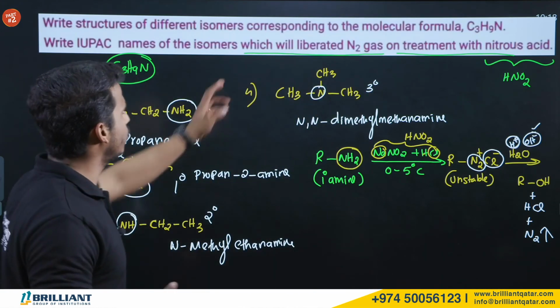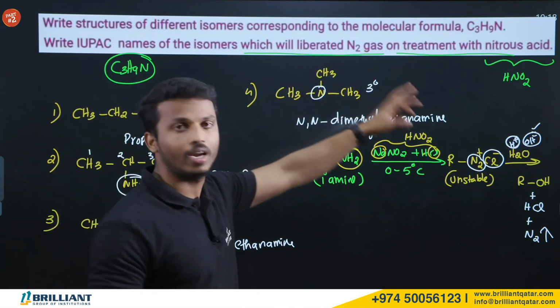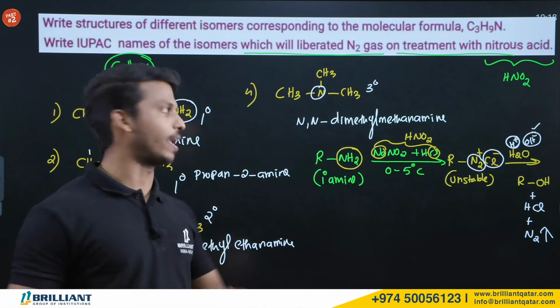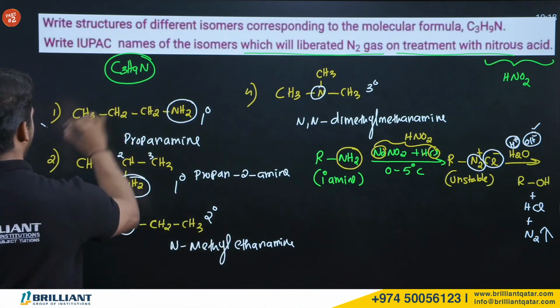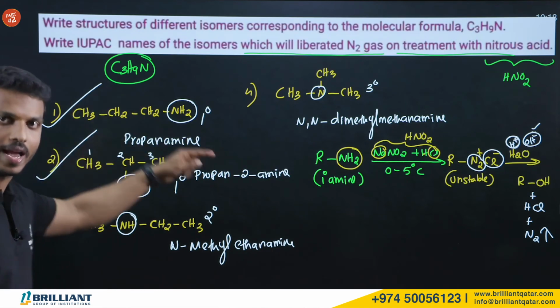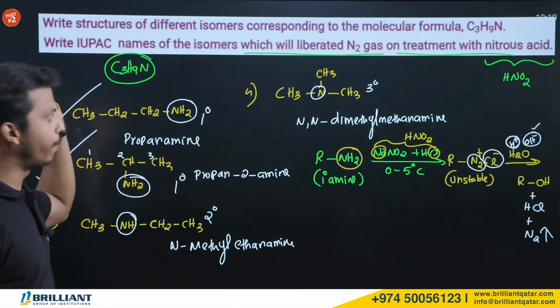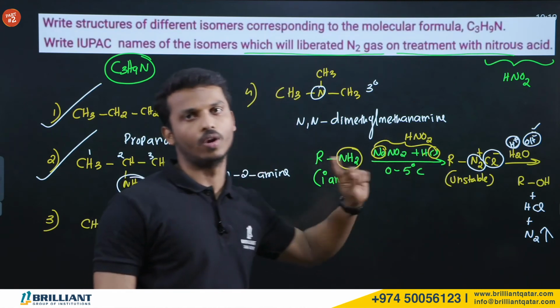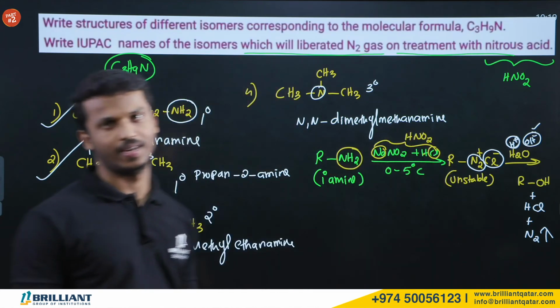So the question, which will liberate nitrogen gas on treatment with nitrous acid? They are primary amines. Which are primary amines here? The first two compounds will give this reaction because they are primary. When a primary amine is treated with nitrous acid, finally it gives you alcohol with the evolution of nitrogen gas.